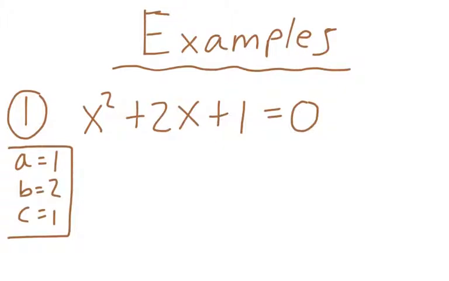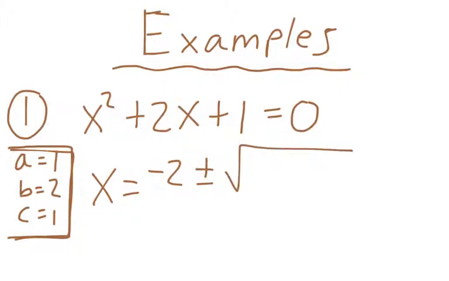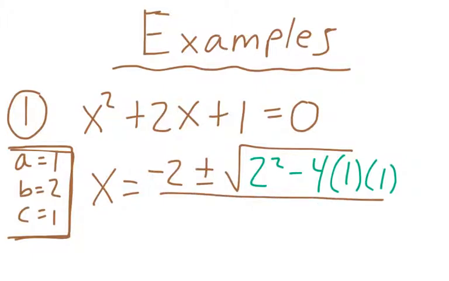First example, we've got an equation here, it's quadratic, x squared plus 2x plus 1 equals 0, and I'm going to solve it. Got my a, b, and c over here. So x equals negative 2 plus or minus the square root of 2 squared minus 4 times 1 times 1, all over 2a, so 2.